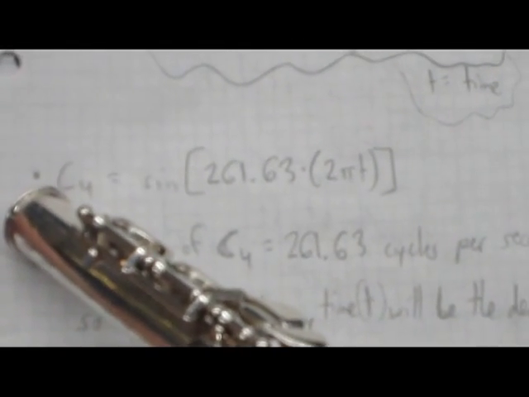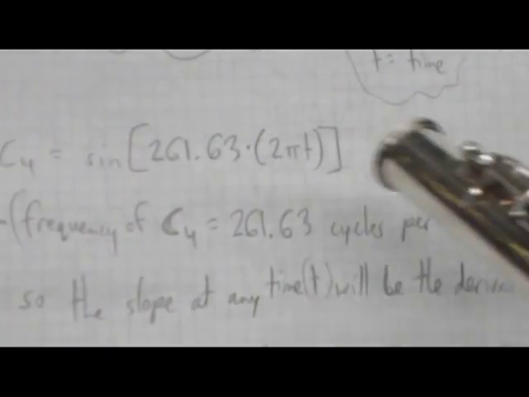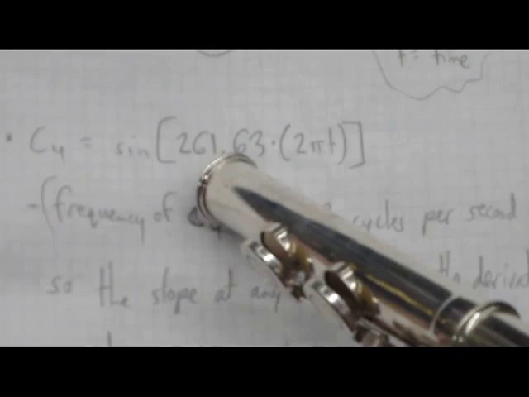So with the note C4, the equation will be sine 261.63, since that's the frequency, it makes 261.63 cycles per second in hertz. So C4 is sine 261.63 2 pi t. The slope at any time t will be the derivative of that, which is 261.63 2 pi times cosine 261.63 2 pi t.